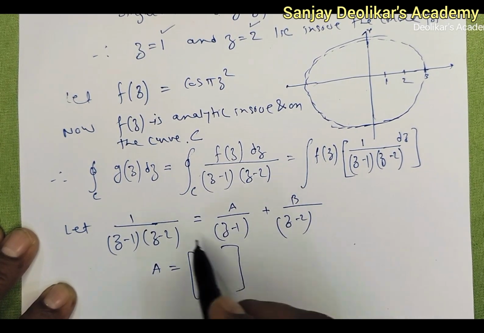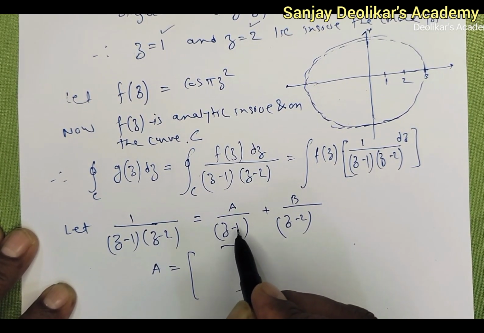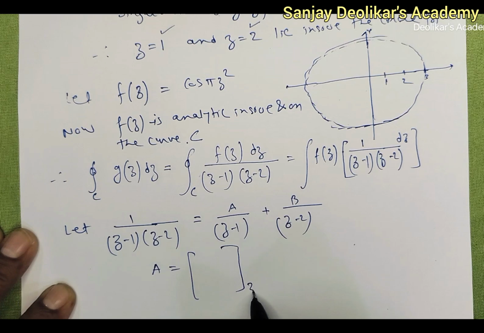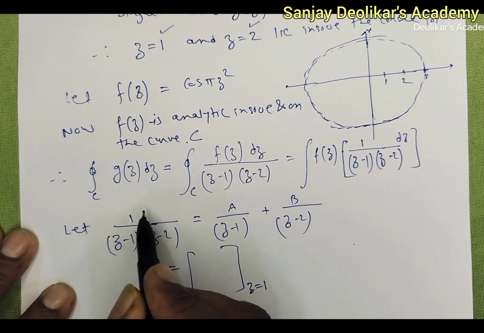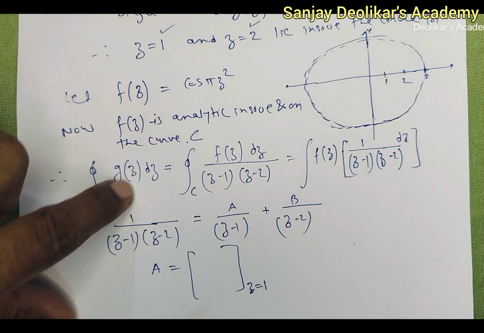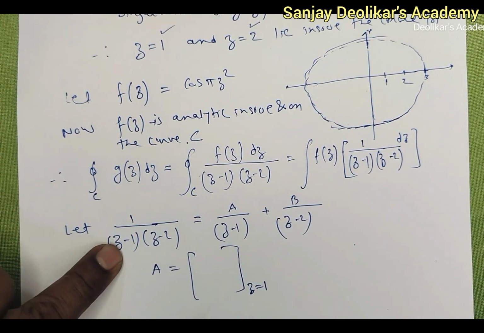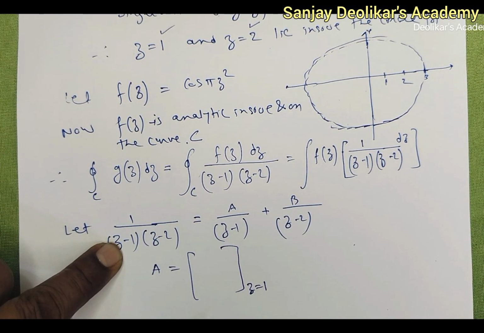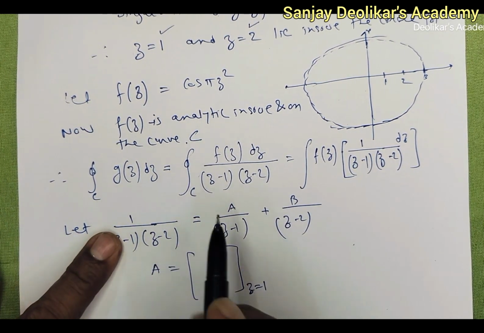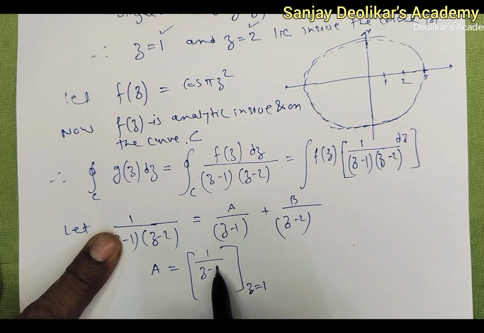Now see how to find this a. If you equate z minus 1 with 0, z is equal to 1. Put this z equal to 1 value in this rational function, but excepting this z minus 1 factor, because if you put z equal to 1 it will be 0, a meaningless denominator. Now see, 1 upon z minus 2.